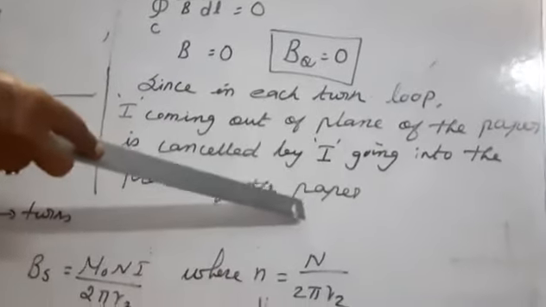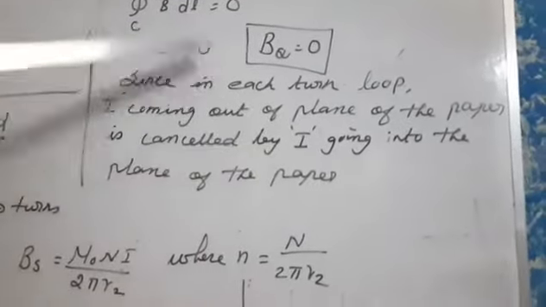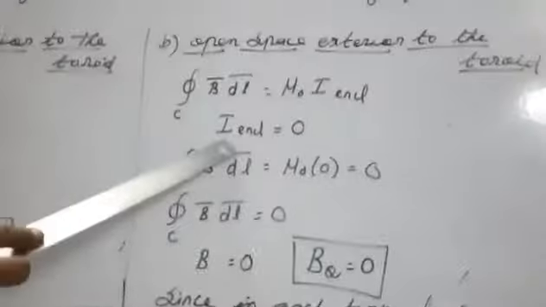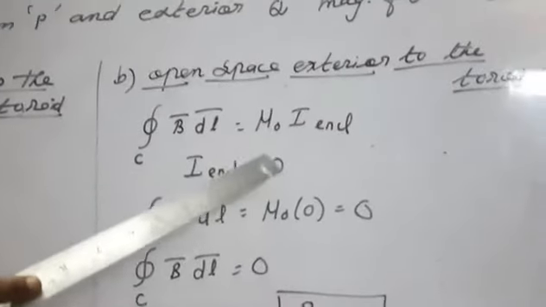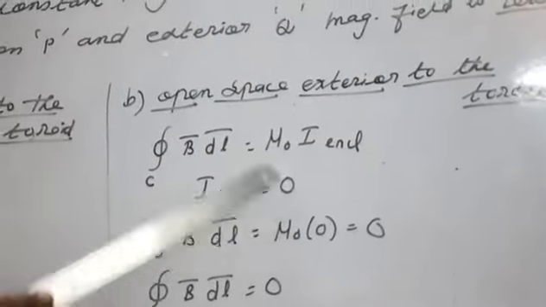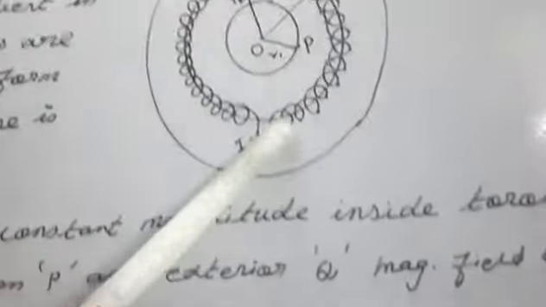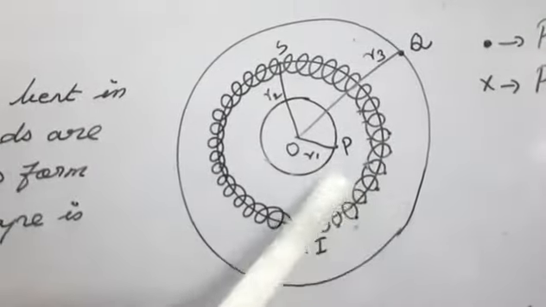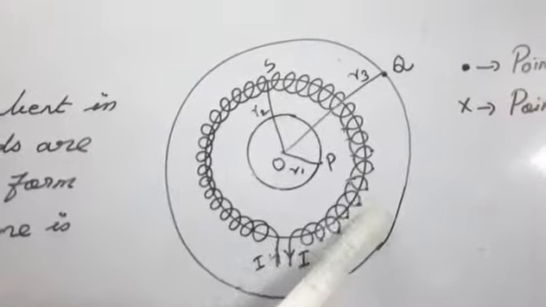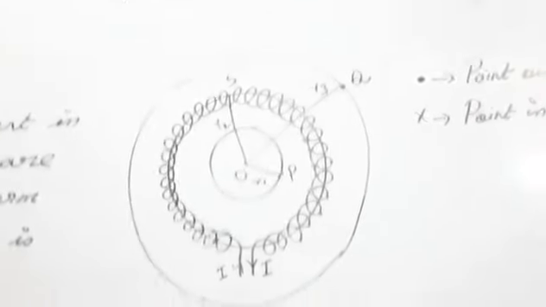In this loop, the outside is marked with a dot and the inside with a cross. That is, outside the current is coming out and inside the current goes into the toroid, so both are in opposite directions. Therefore, the current value is 0 here, so BQ is 0.